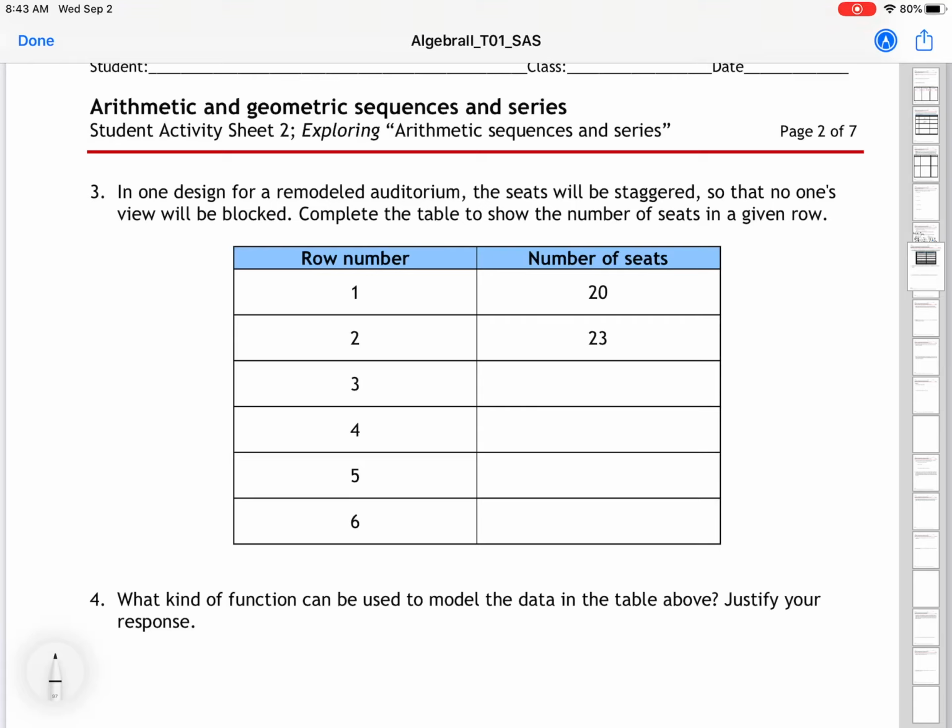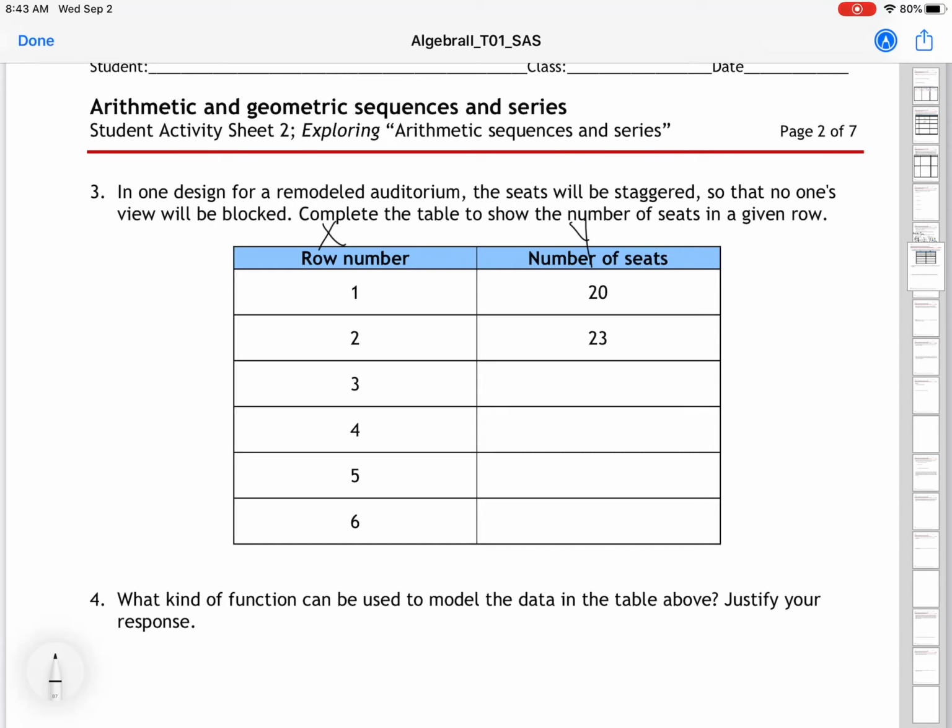It says in one design of a remodeled auditorium, the seats will be staggered so that no one's view will be blocked. Complete the table to show the number of seats in a given row. Okay? So, up above row number, I want you to write an X. These are our X columns, our input values. A number of seats is our Y, our output values. Okay?